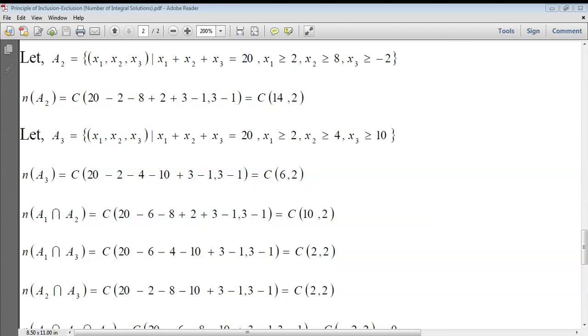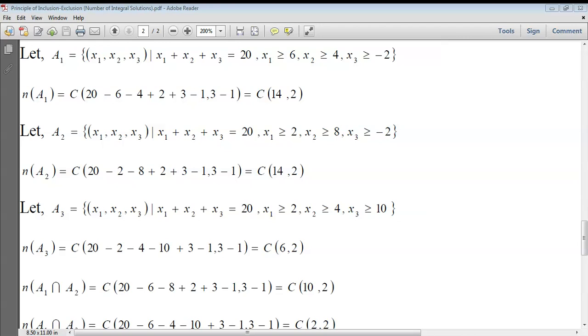Okay, now we want the number of solutions satisfying the conditions of both A1 and A2. So let us see the sets A1 and A2 and identify the common values for x1, x2, x3. In A1, x1 is greater than or equal to 6 and in A2 x1 starts from 2.